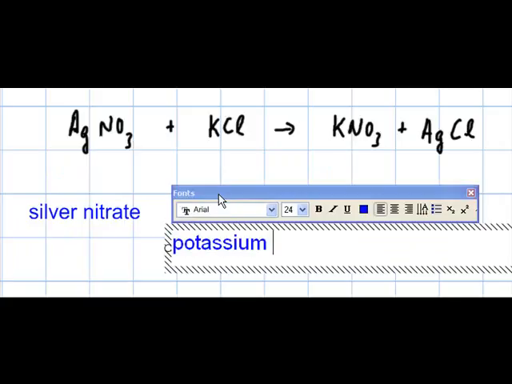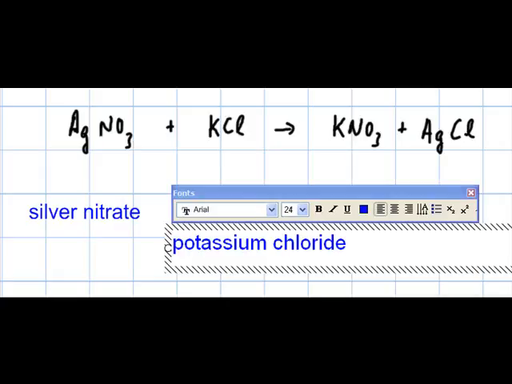Same thing for the potassium. As a member of the alkali metals, the potassium has a fixed ionic charge, and so do the alkaline earth metals, so groups 1 and 2.